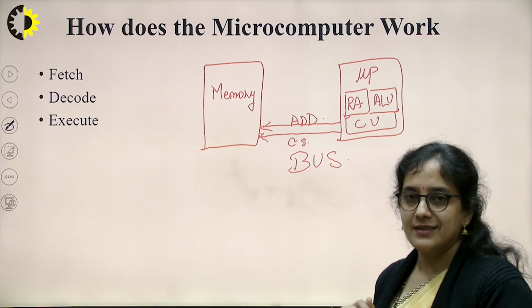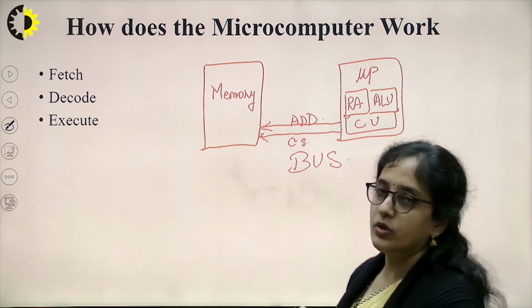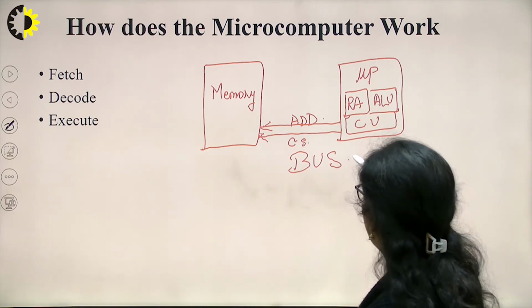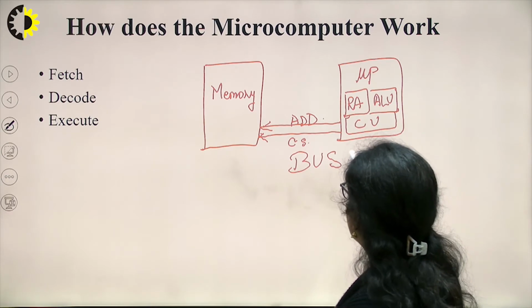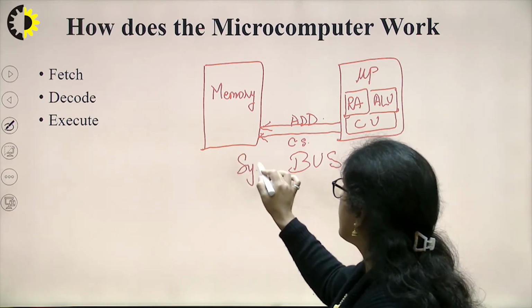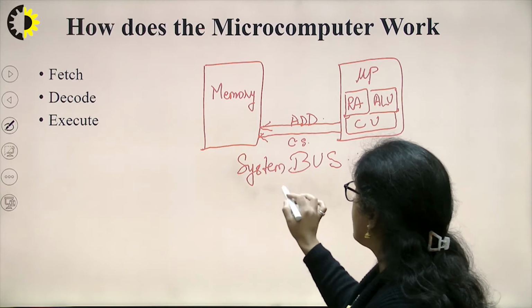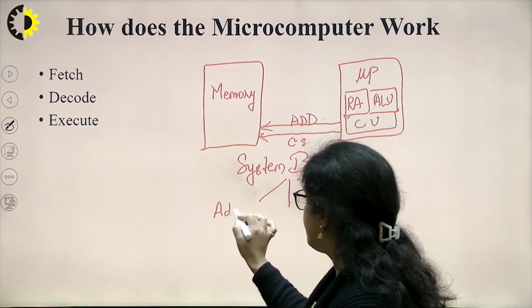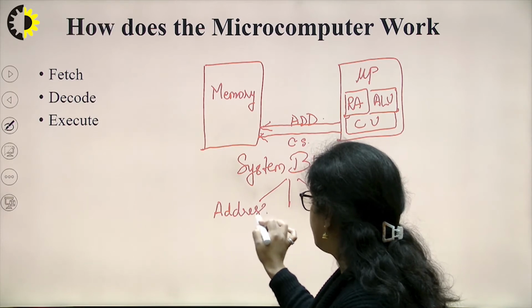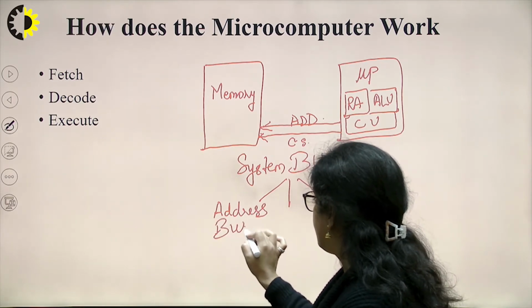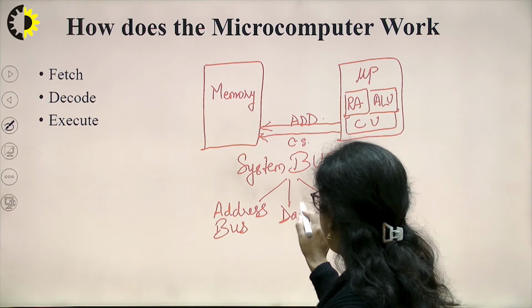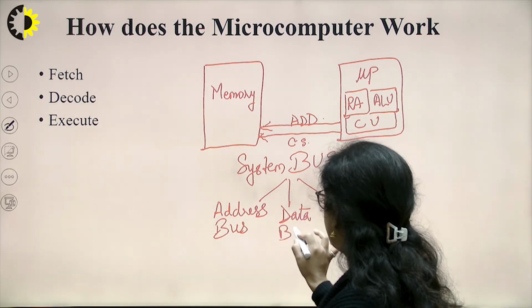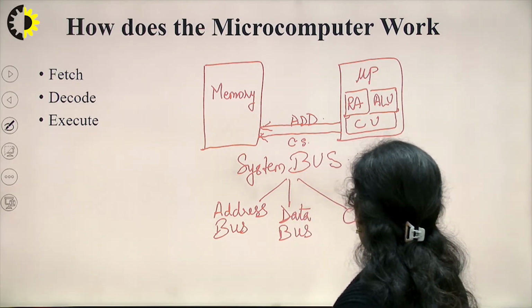I already discussed this bus, but here I will give a brief again. This is known as the system bus. It consists of three parts: the address bus, the data bus, and the control lines.